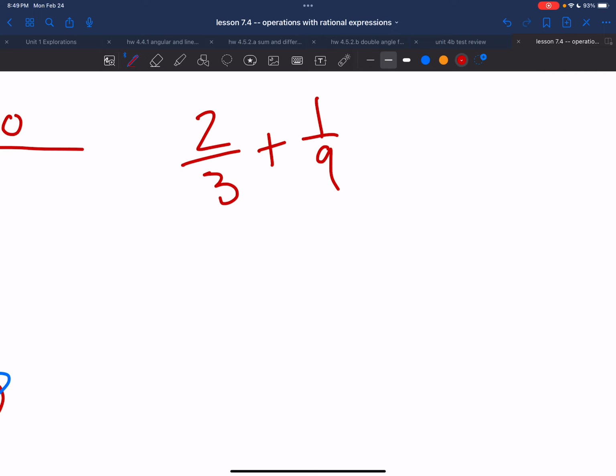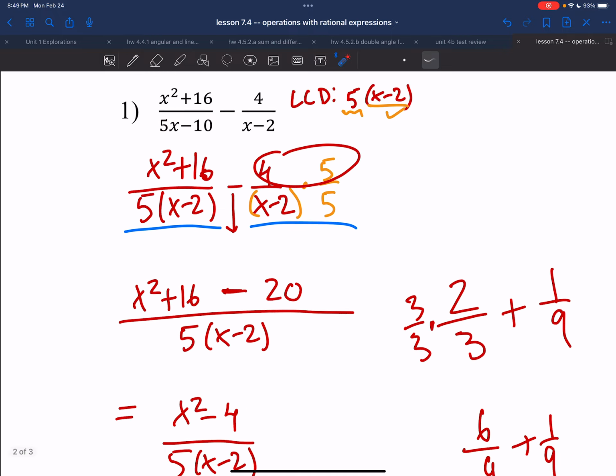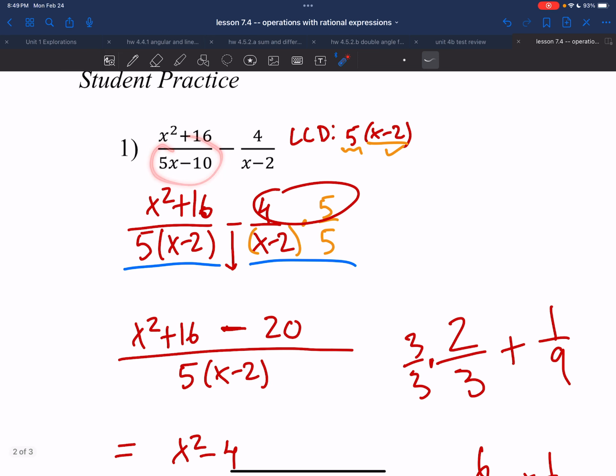Well, it's 9. I mean, you could make the denominator 27, but if you were to multiply the 2/3 by 3 over 3, you'd get 6/9, which can be added with 1/9, right? So this is an example where the least common denominator is one of the denominators, right? The first fraction already had the LCD. The other fraction just had one of the factors.